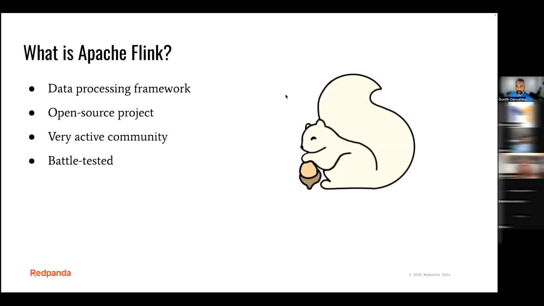Apache Flink is a stream processing engine, and we can categorize it as a data processing framework that is capable of batch processing as well as stream processing. I see most people use it for stream processing, as a reliable solution. Flink is an Apache project, and it's open source, and the source is freely available.